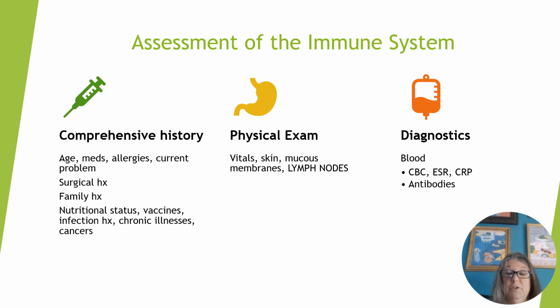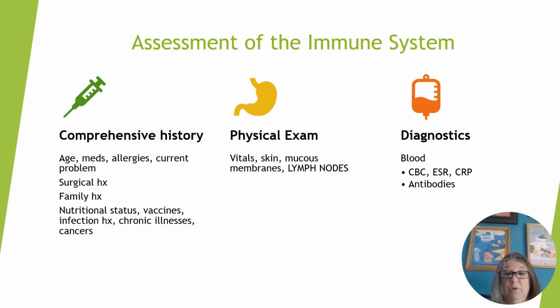The medical and surgical history is also important to obtain in addition to the family and social history because some immunological problems are genetic or chemically induced. Also included should be nutritional status, infection history, prior immunizations, chronic illnesses, autoimmune disorders, and cancers.